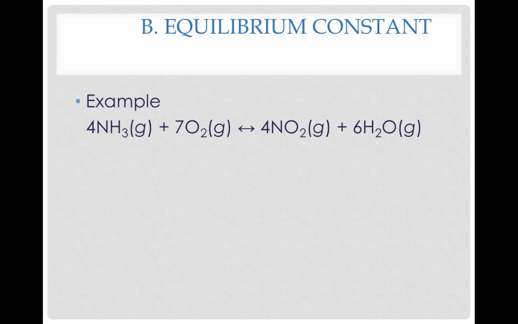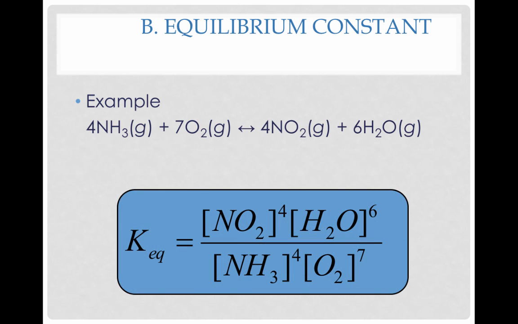If you had any solids or liquids, those could not go into the equation. So you take the products, which are NO2 and H2O, put that in the top of the equation, and then divide it by the reactants. And it ends up looking like this. You can see that they're all raised to the power of a value. Those numbers are all of the balance, all the coefficients from the balanced chemical equation.